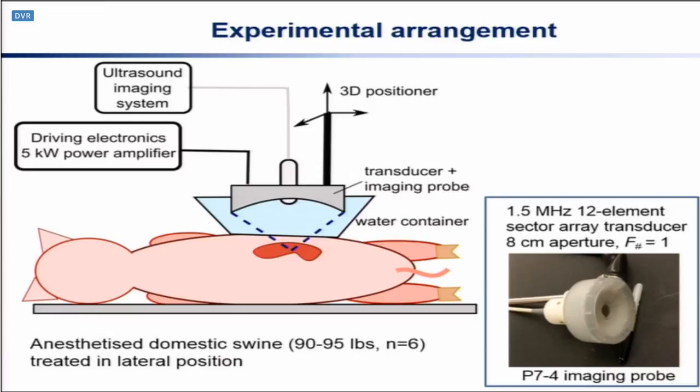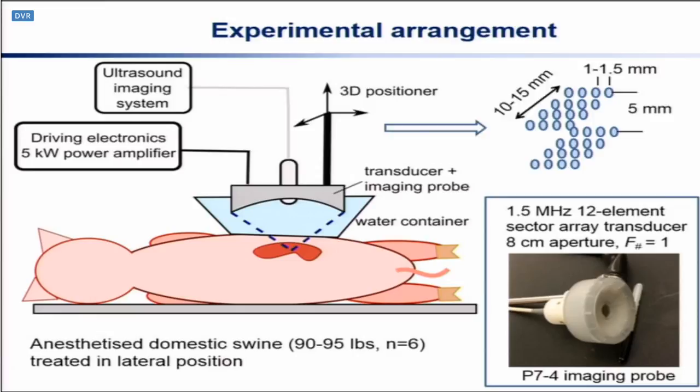And boiling histotripsy was generated in discrete foci, 1 to 1.5 millimeters apart in the lateral direction and 5 millimeters in the axial direction of the beam, to produce a volumetric lesion of about 1 centimeter size.